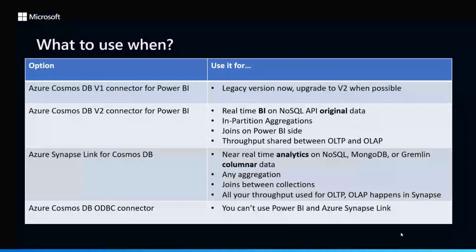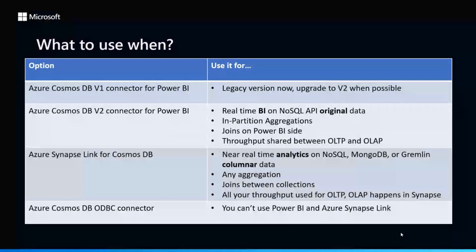Using Azure Synapse SQL Serverless or Azure Synapse Spark. The throughput that you're going to use for Synapse Link isn't in your OLTP total throughput. So you don't have to provision throughput for your OLAP workloads. Your OLAP queries will happen in Synapse.